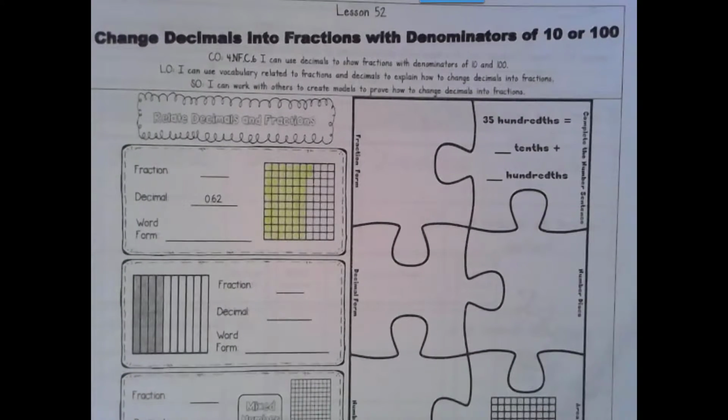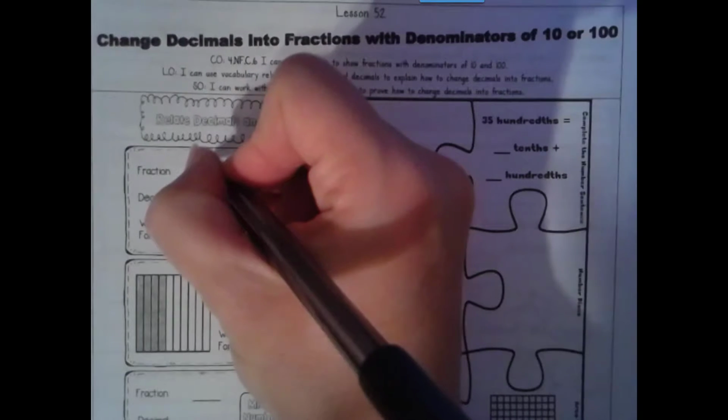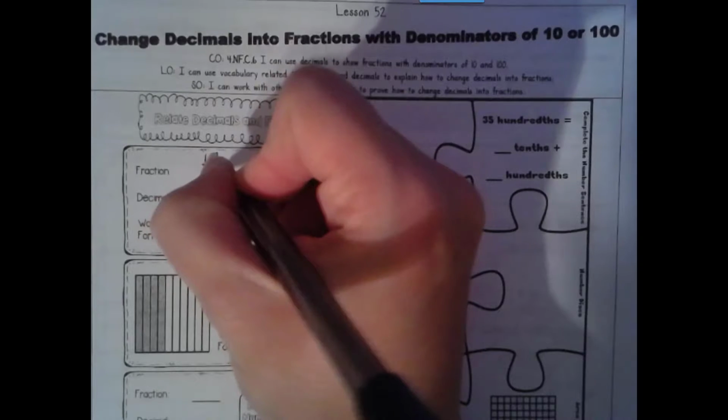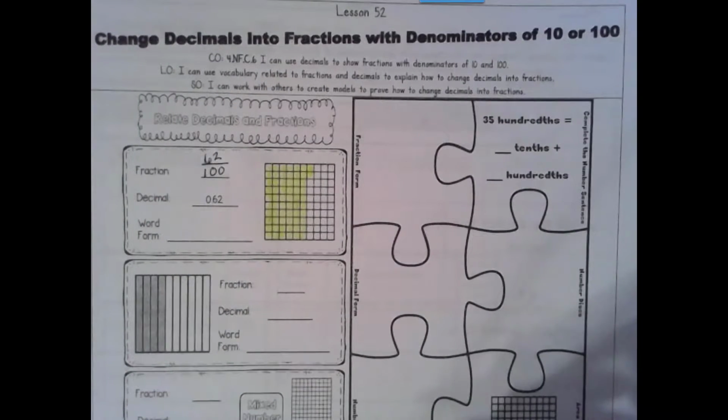So as a fraction, it's 62 out of 100 squares.